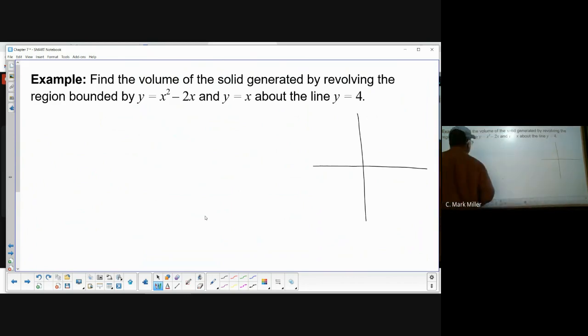We're not going to spend as much time graphing this one. But this guy right here, I'm going to move this guy over some.